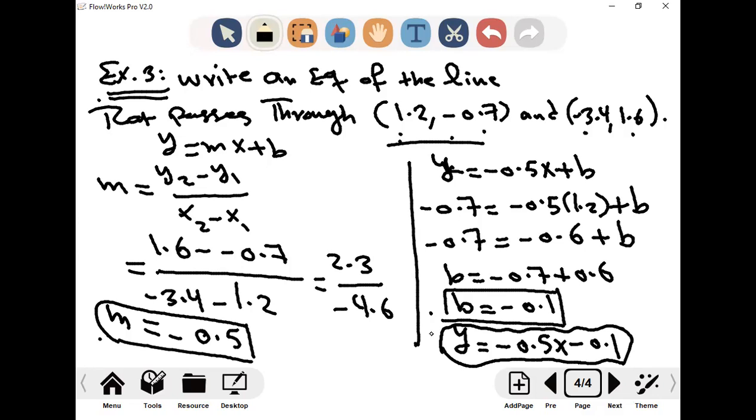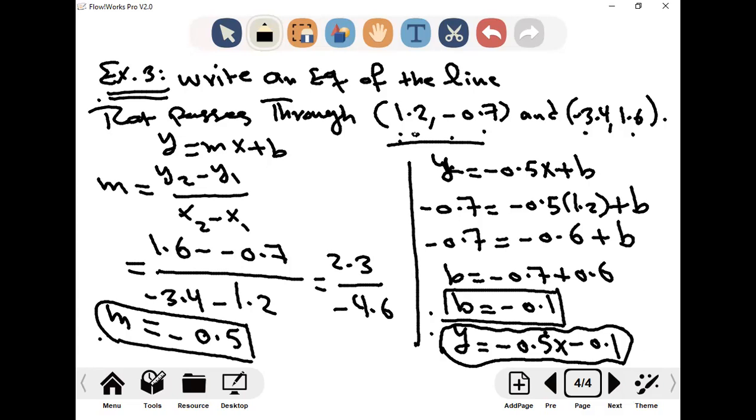The points should both be correct, right? Let's check. Use calculator. 1.2 here, negative 0.5 multiplied by 1.2, minus 0.1. Negative 0.7.